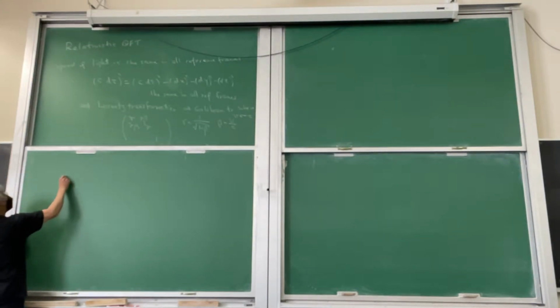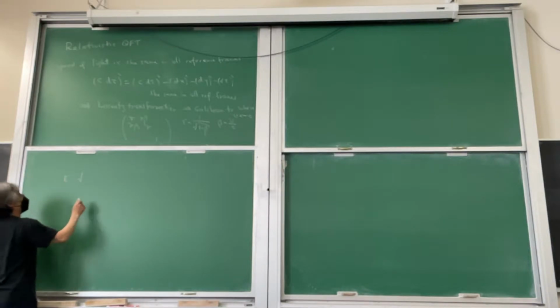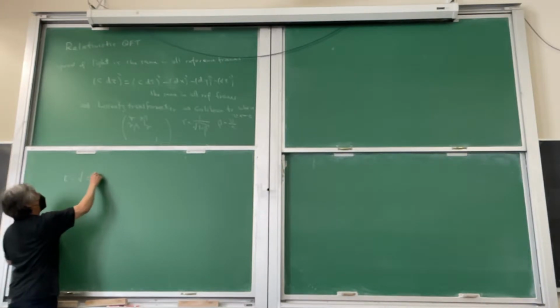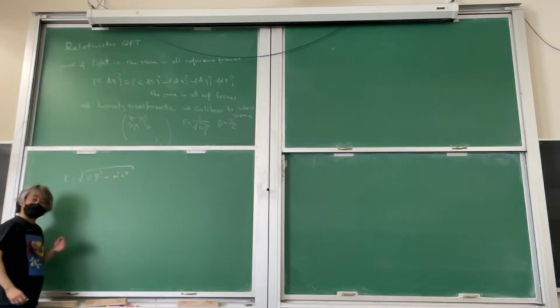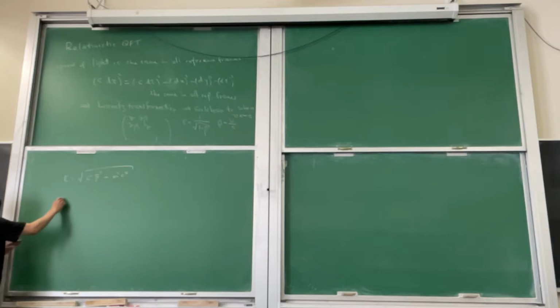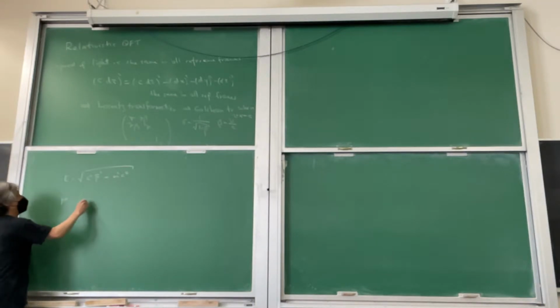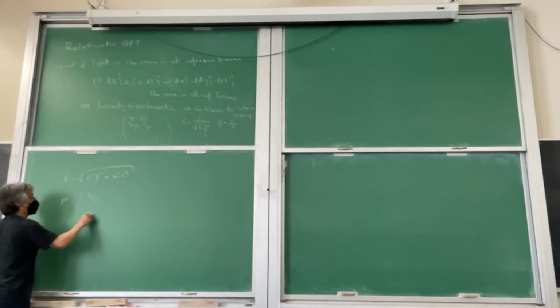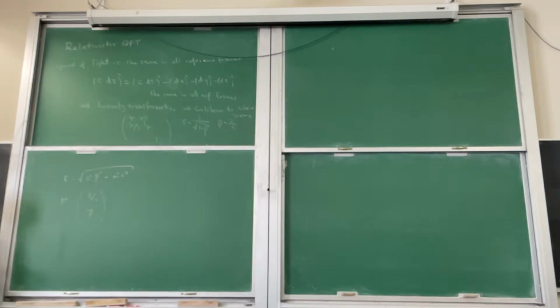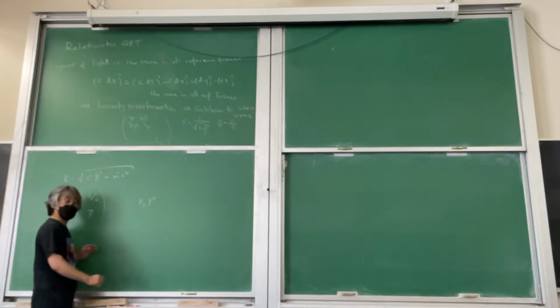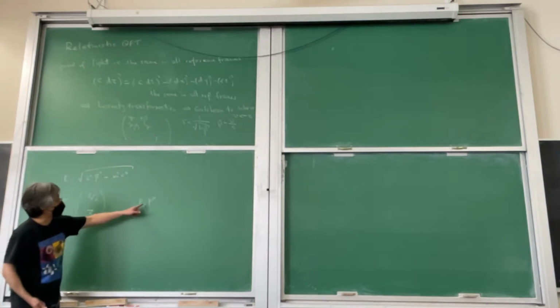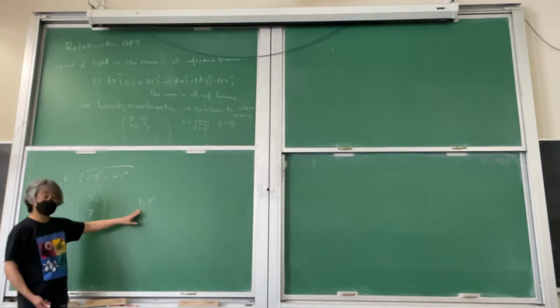We also worked out that the energy of the relativistic particle is given by this formula, and then you can put energy and momentum together into a single object called a 4-vector. And once you have a 4-vector, you can always build a Lorentz invariant by contracting indices, one upstairs and one downstairs.